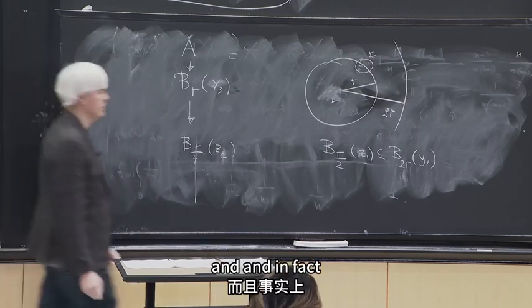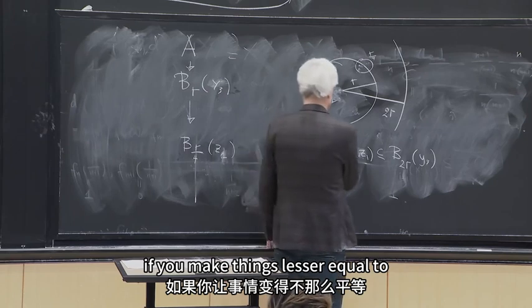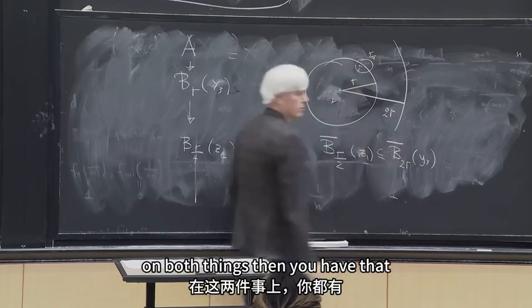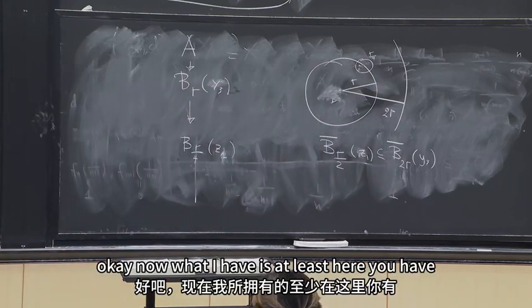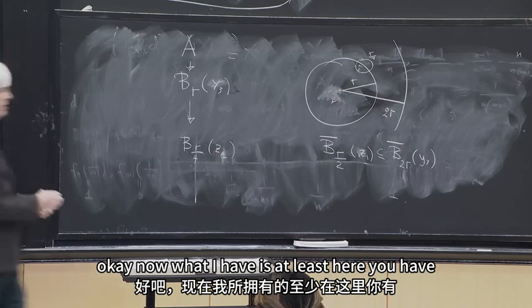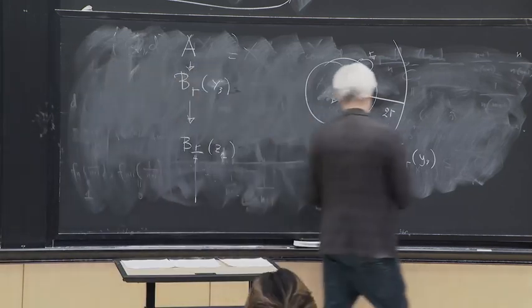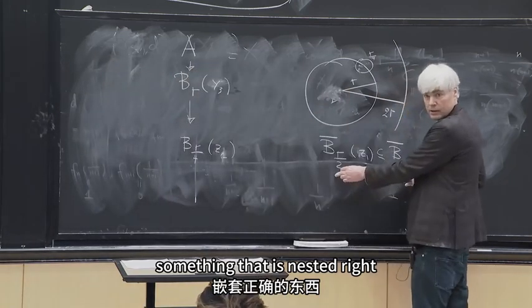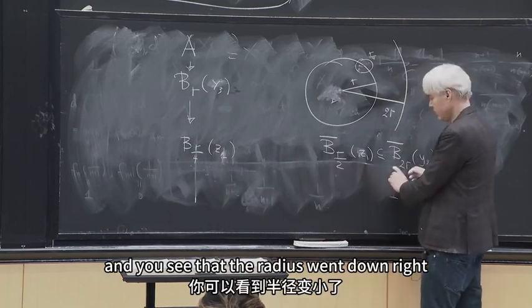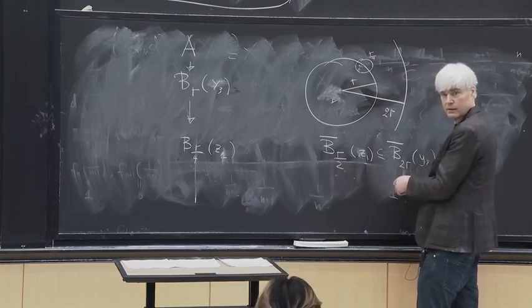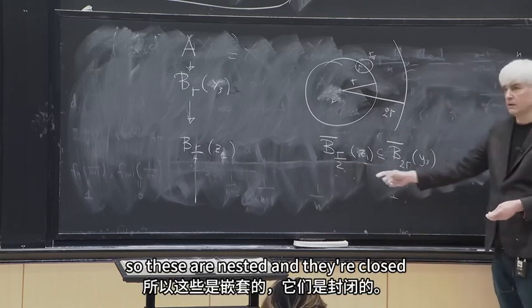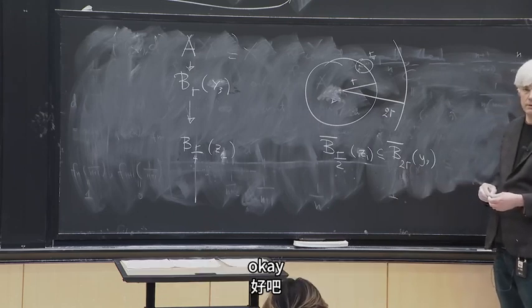And in fact, if you make things less or equal to on both sides, then you have that. Now what I have is something that is nested, right? And you see that the radius went down, right? So these are nested and they're closed, okay?